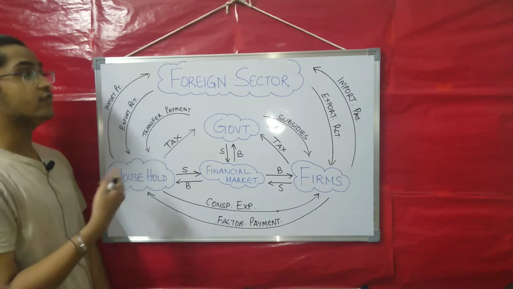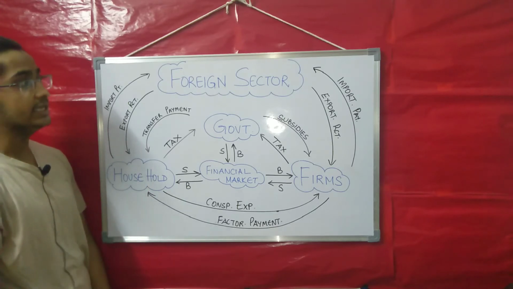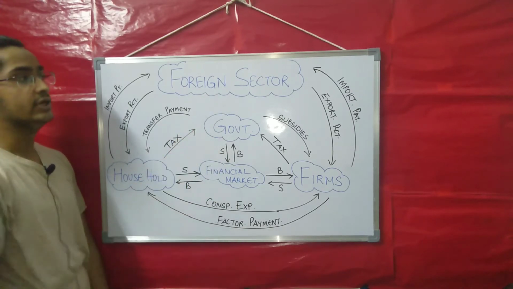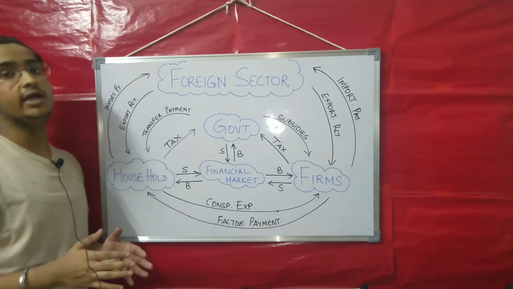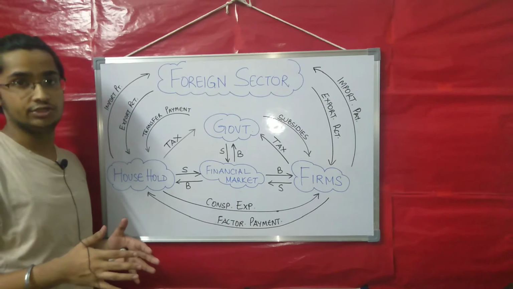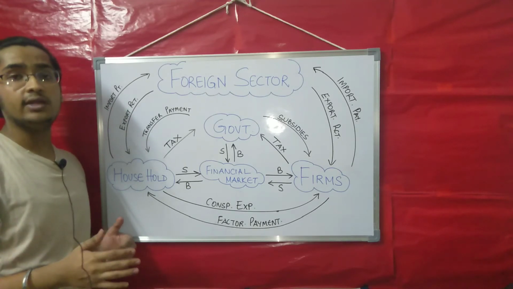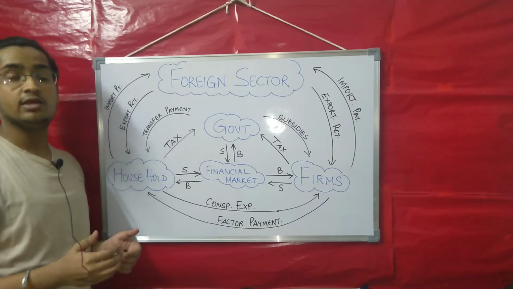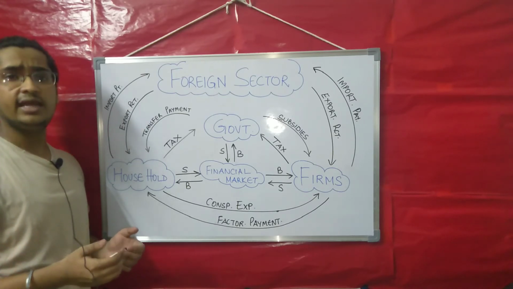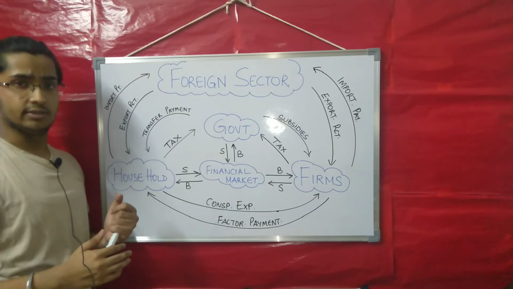Now coming to the fourth sector of this economy, that is your foreign sector. When we talk about the foreign sector, it is understood that we are talking about international trade, that is export and import of goods, services, payment receipts, payments given and received to all the sectors.